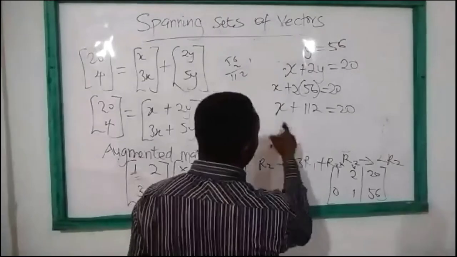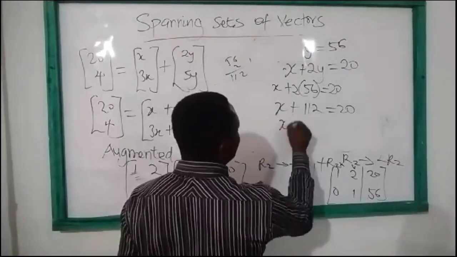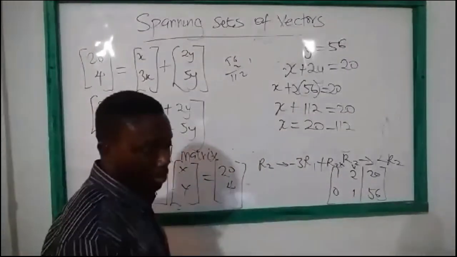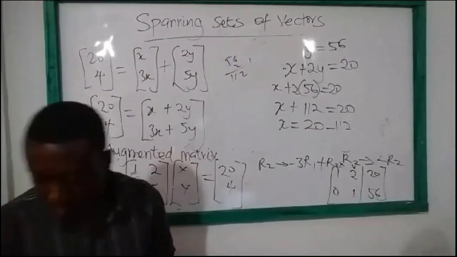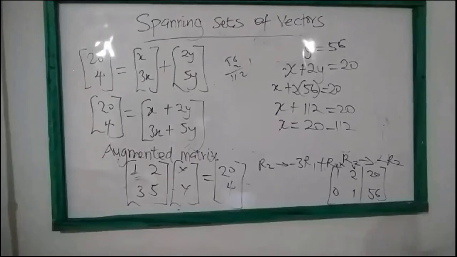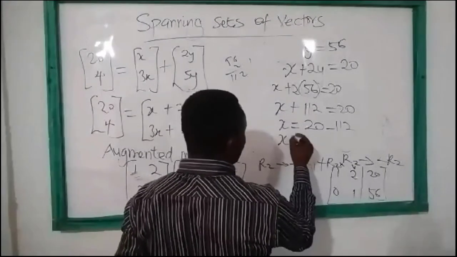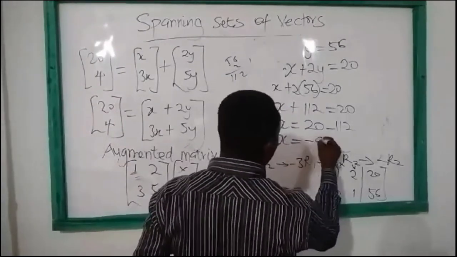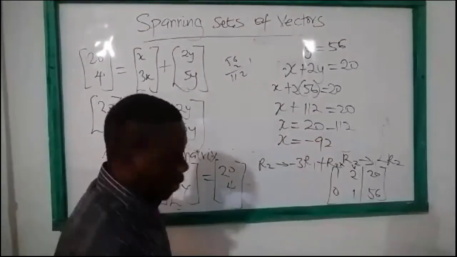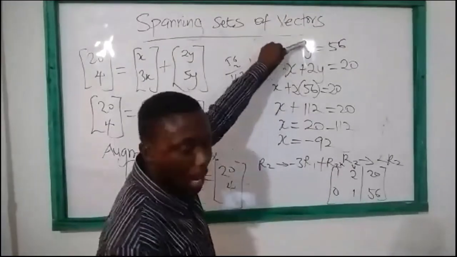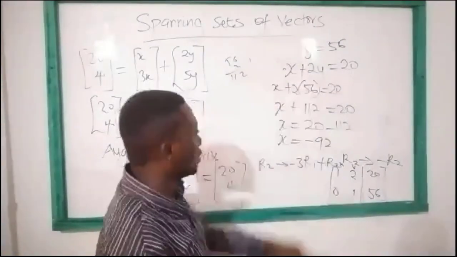Then from here, we can make X the subject. So X is going to be 20 minus 112, so X is going to be minus 92. Our Y is also known to be what?